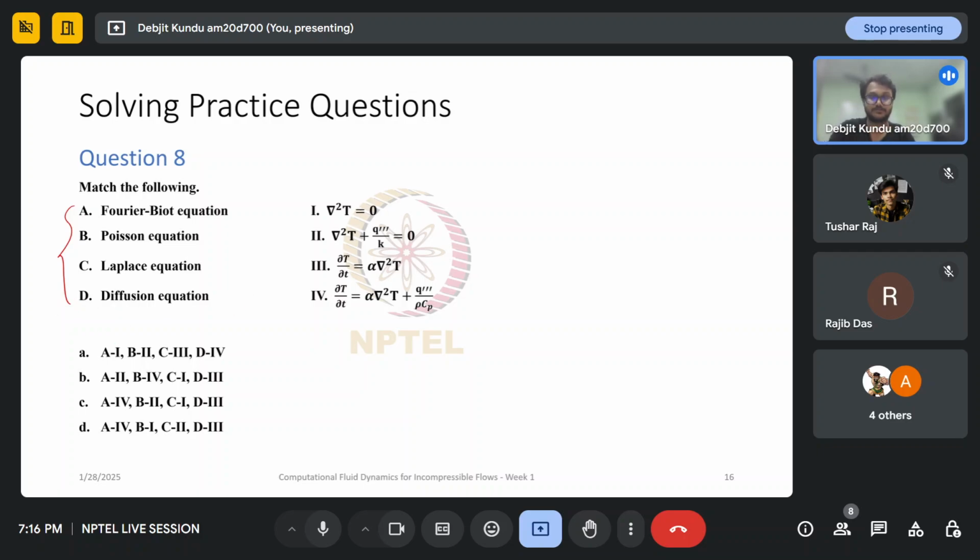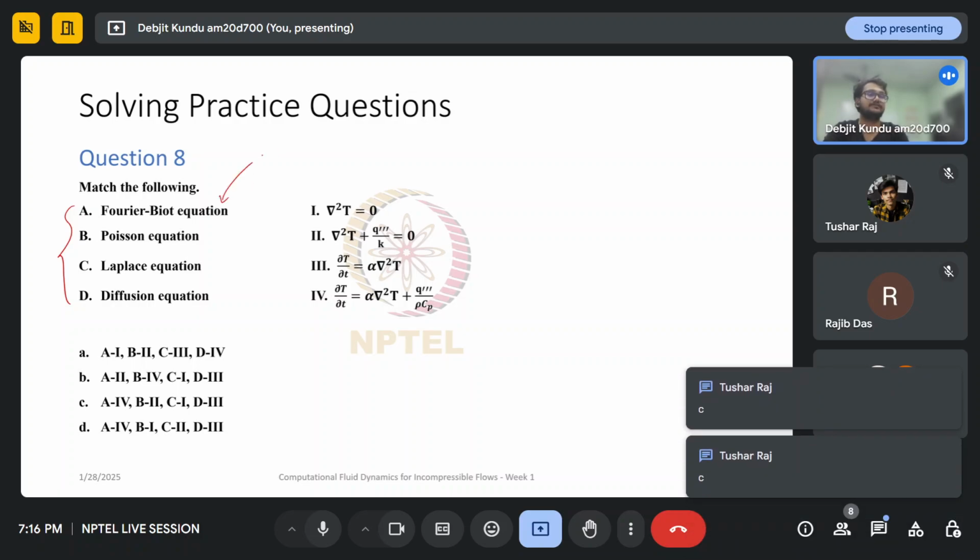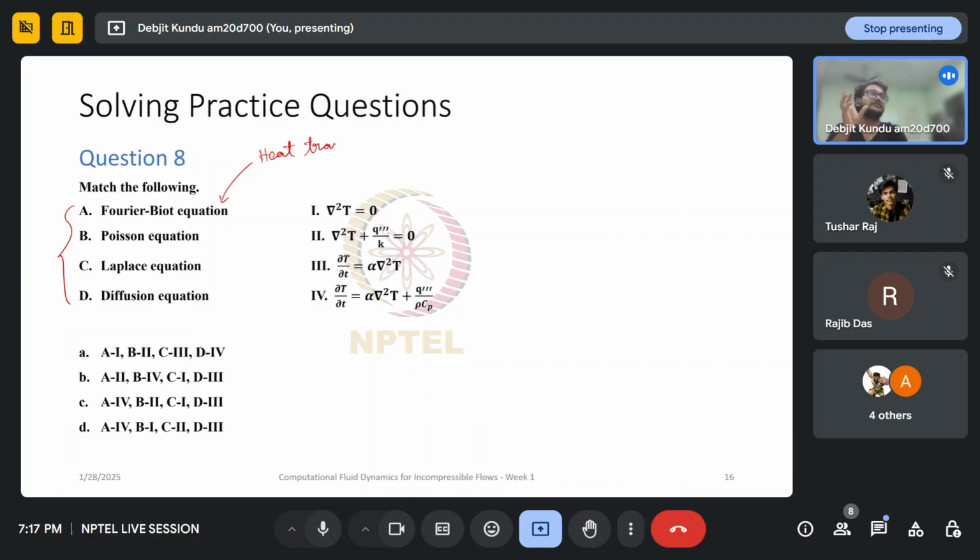These are all equations which govern very commonplace scenarios. Like the Fourier bio equation is very important for solving heat transfer from a blob, right? Time unsteady heat transfer. Diffusion equation, you already know it governs diffusion of any quantity.